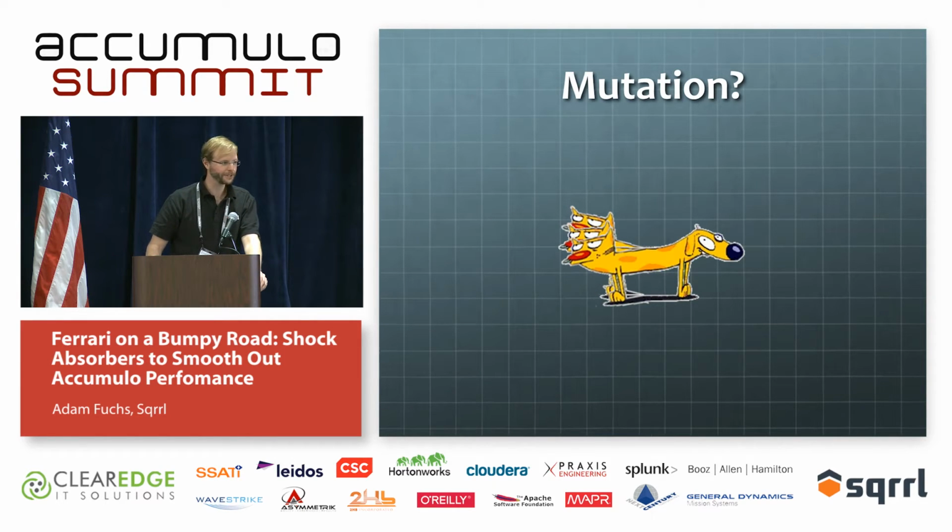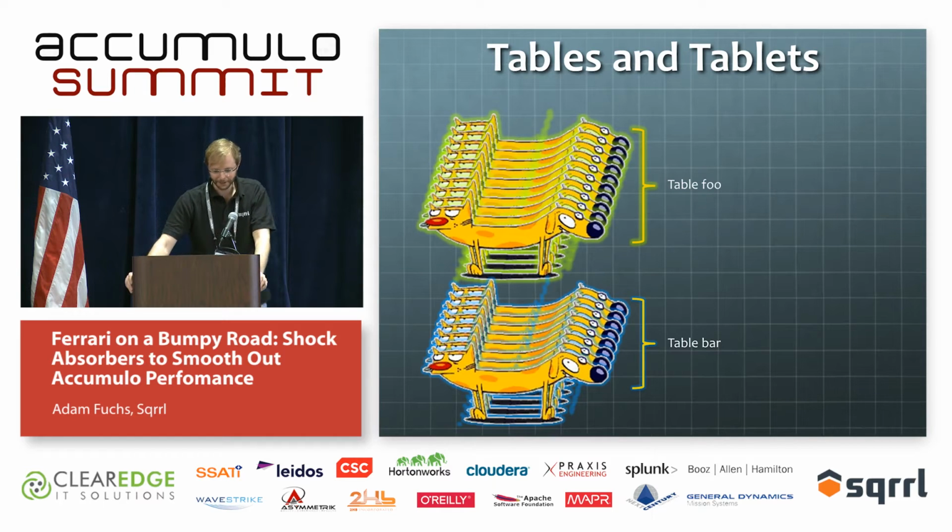We're going to use these, and out of these key value pairs, we group things into tables. Here I've got a bunch of key values lined up. They're in sorted order. You can't tell because they all look alike, but they're actually sorted there. Take my word for it. So I've got table foo and table bar here. In order to divide and conquer, we split these up.